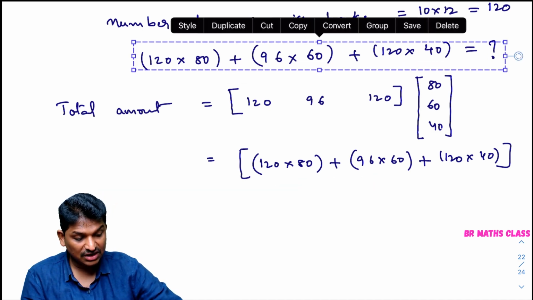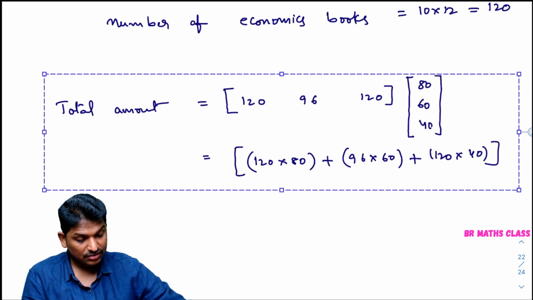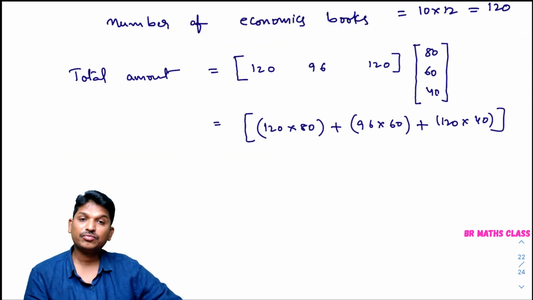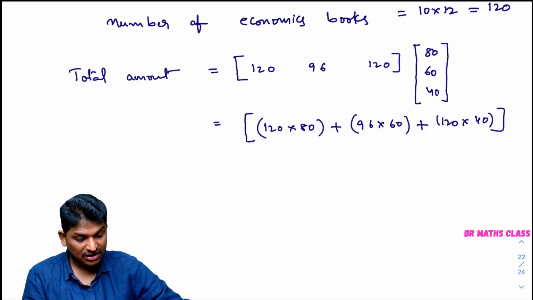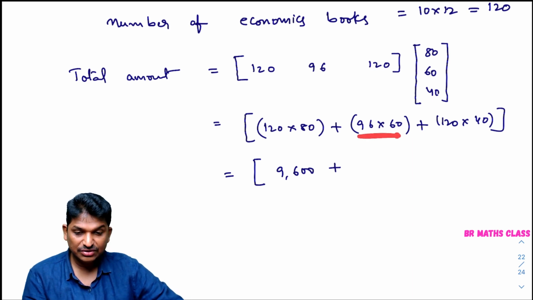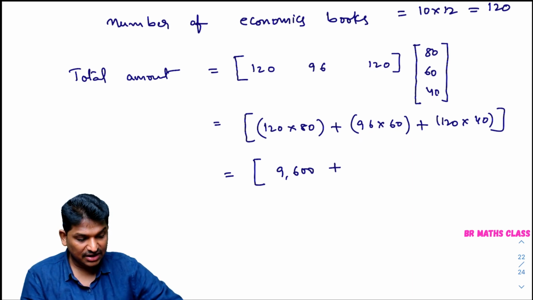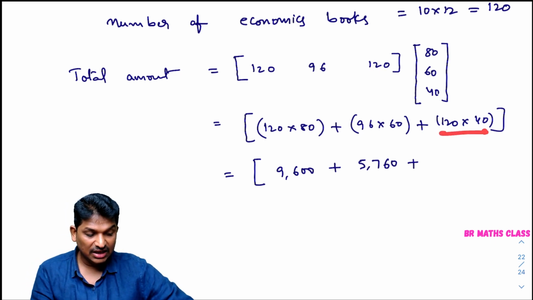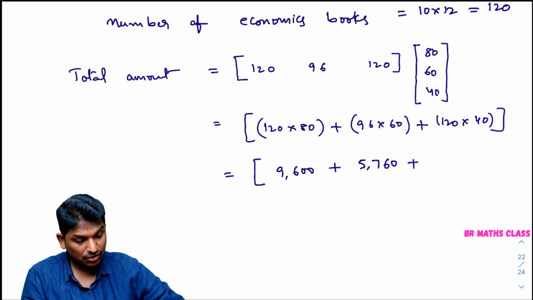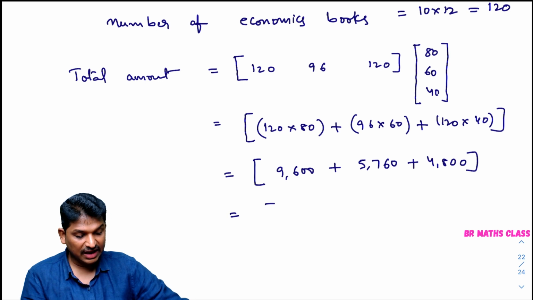So now you just multiply: 120 into 80 is 9600, plus 96 into 60 is 5760, plus 120 into 40 is 4800. Okay, right? You just add all this. What will you get? You will get 20,160.